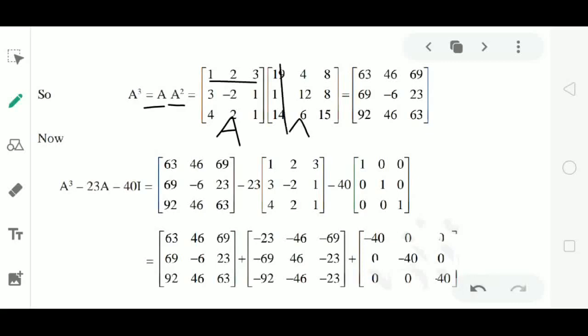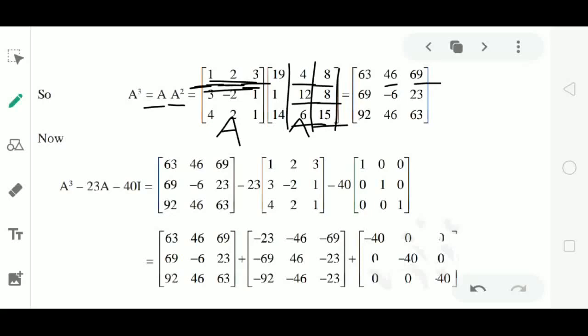First row, first column, 1 into 19 plus 2 into 1 plus 3 into 14 is 63. First row, second column, 1 into 4 plus 2 into 12 plus 3 into 6 is 46. First row, third column, 1 into 8 plus 2 into 8 plus 3 into 15 is 69.